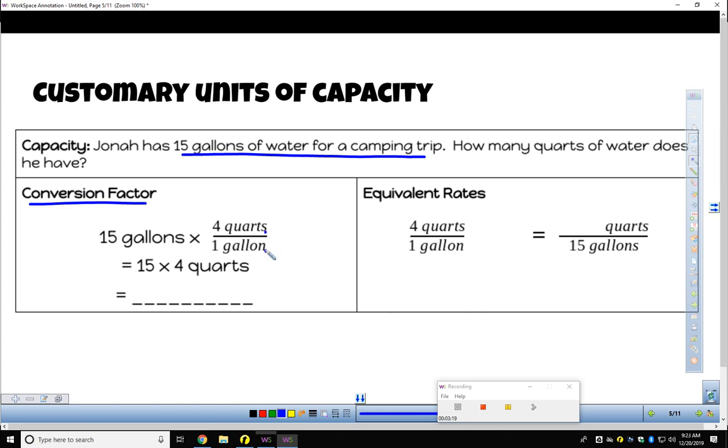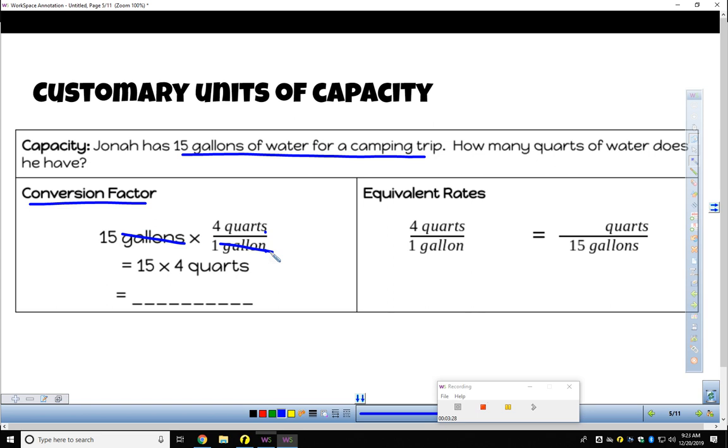It is important to set the conversion factor up in this way because then the gallons cancel themselves out. When you multiply, you would end up with gallons times quarts over gallons, and gallons over gallons would just equal 1.